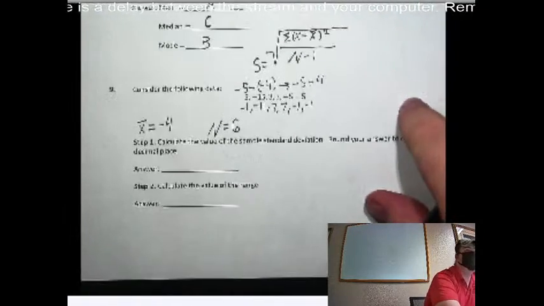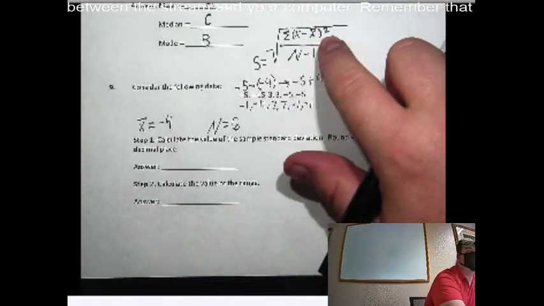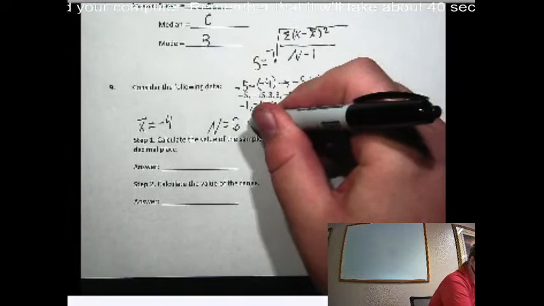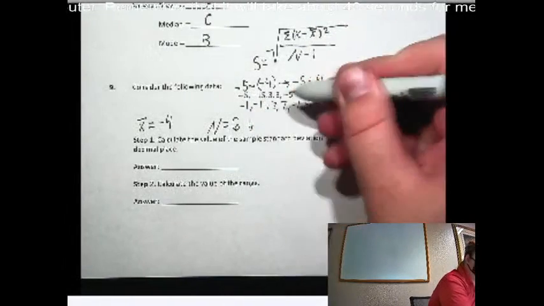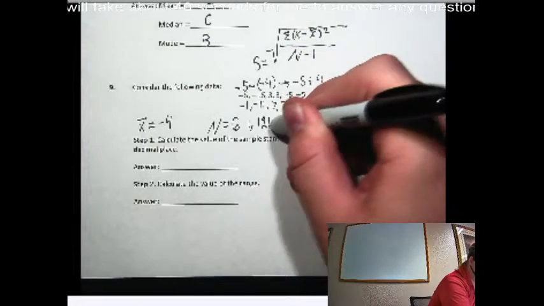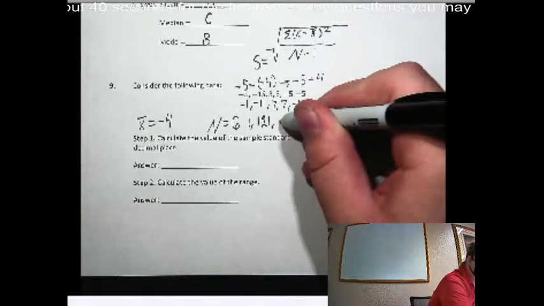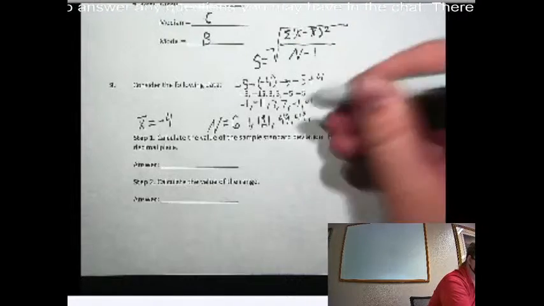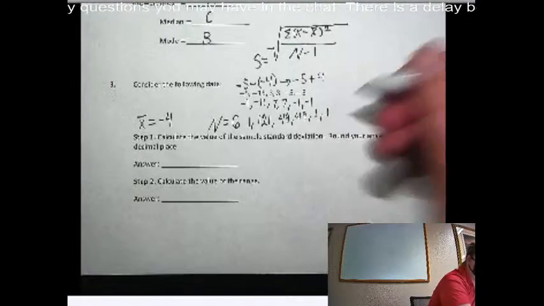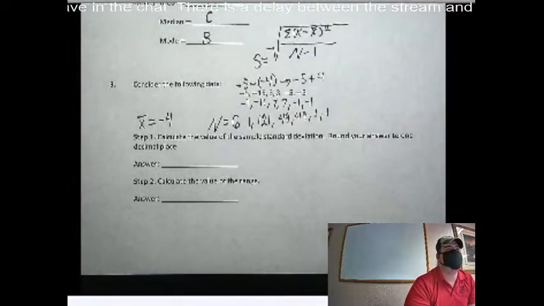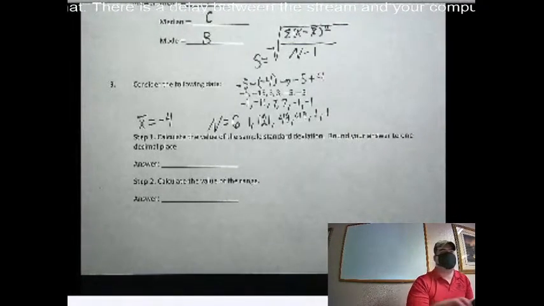So now, we need to square all of these values. So negative 1 squared is what? 1. Negative 11 squared? 121, good. 7 squared? Good. I'll fill in the rest of these since they're just repeats. Okay, now we need to sum all of these and see what we get.